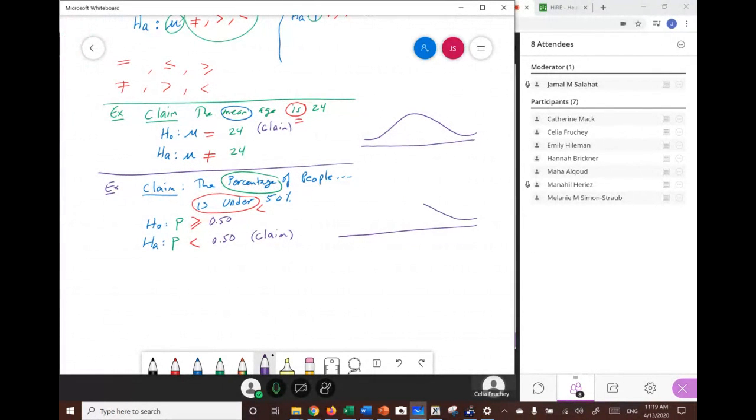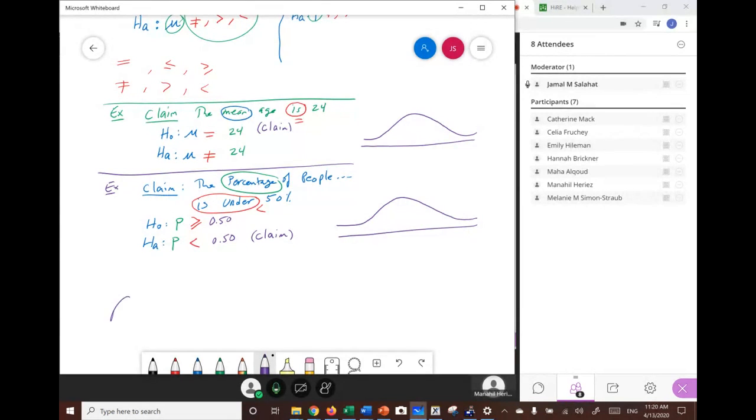So let's look at the problem here. How do we decide? This is one thing we need to pay attention to: your claim, your test can be left-sided, right-sided, or two-sided. What do we mean by left-sided, right-sided, two-sided?